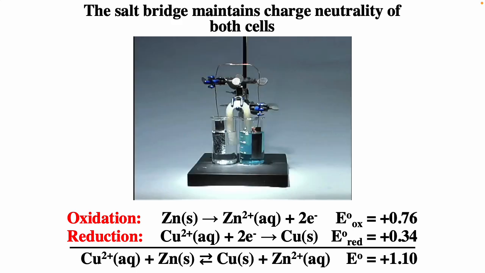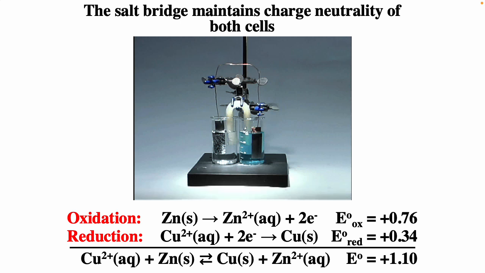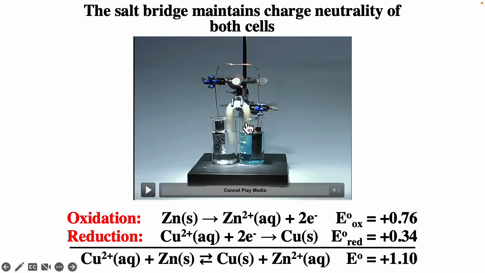Now, the salt bridge maintains charge neutrality. And so you can imagine that in the wire, you have negative charge going from left to right. And so you have to have a net negative charge going from right to left in the salt bridge. Now, because the salt bridge has both positive ions and negative ions, the way that happens is if you want a net negative going to the left, you can have positive ions going to the right and negative ions going to the left.